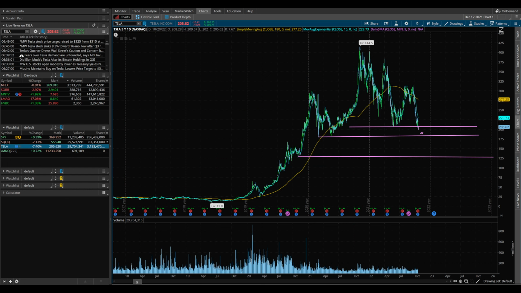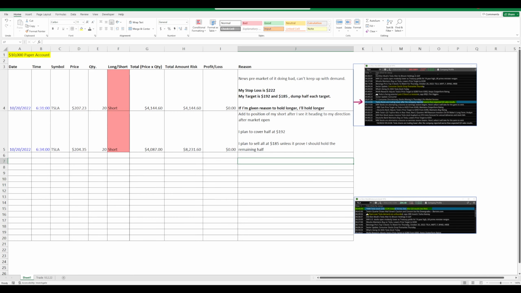So I made an Excel file earlier today. Right here, as we can see, in theory, what if I had a $10,000 paper account? How would I behave?